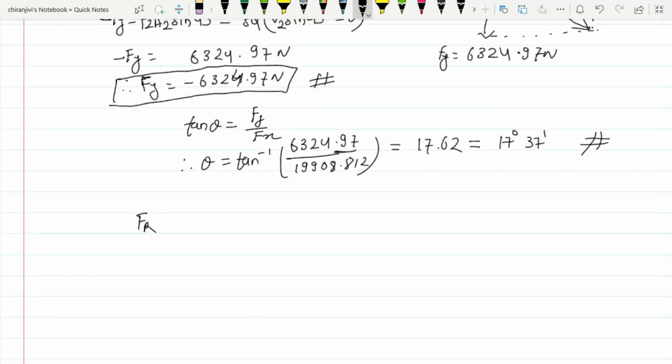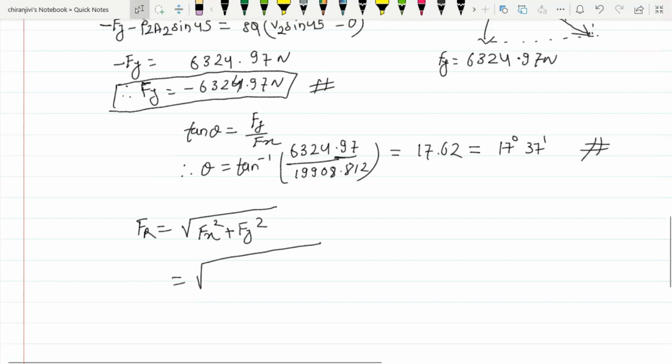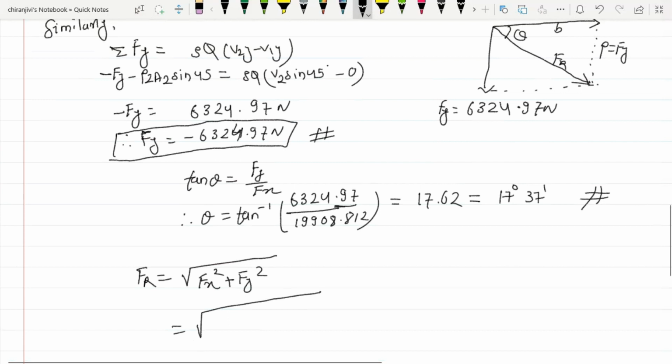The resultant force must be calculated. So Fr equals root of Fx square plus Fy square. Here Fx we calculated is 19908.812.